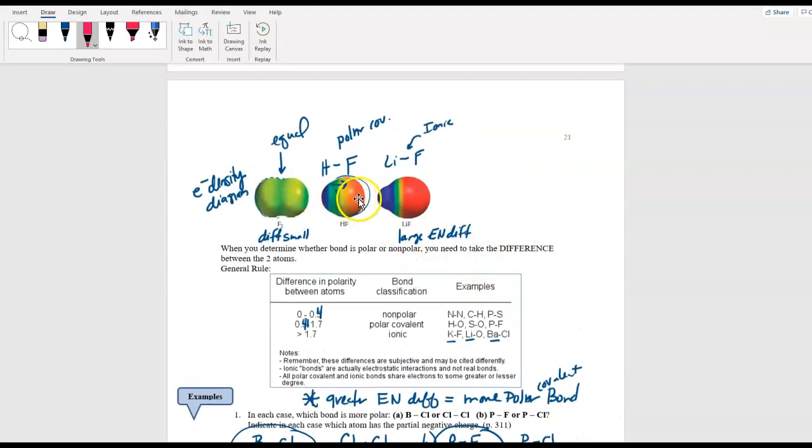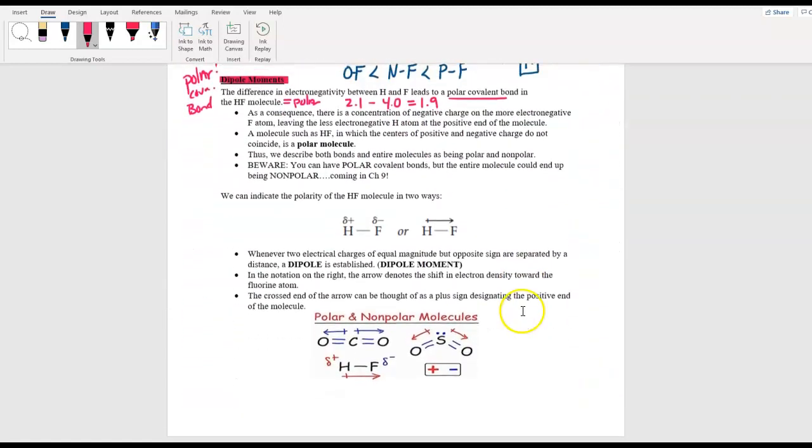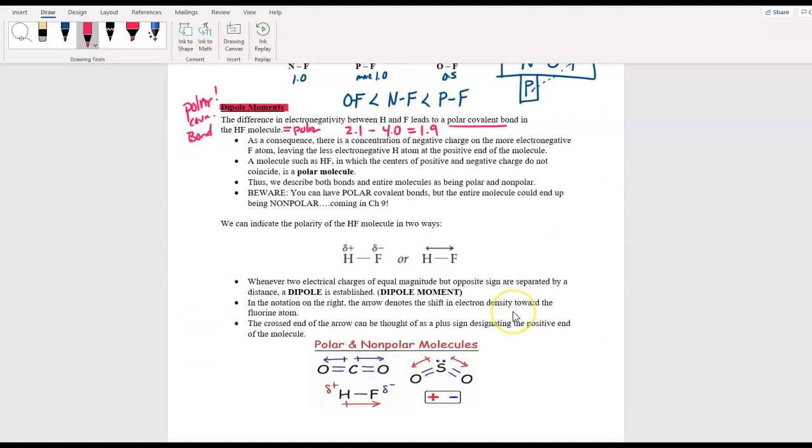Very electron dense in the fluorine region versus the hydrogen. So because of that, you create what's called a dipole moment. Both bonds and the entire molecule can be polar, but they also can have a little bit of nonpolar with them too. So beware, you can have polar covalent bonds, but the entire molecule still ends up nonpolar.